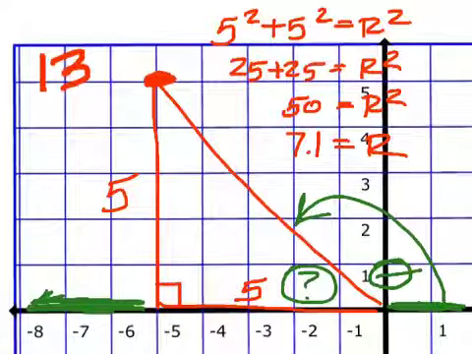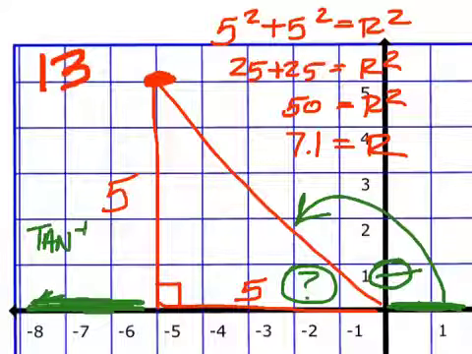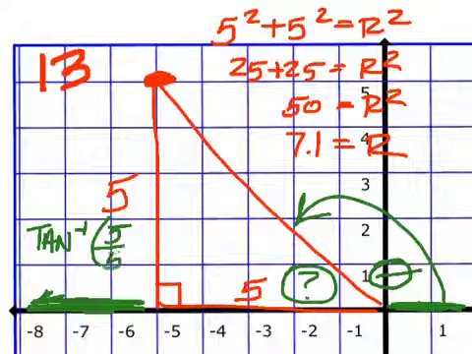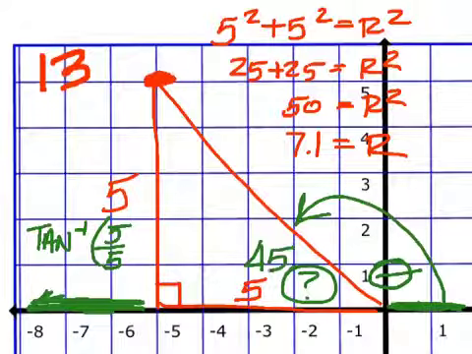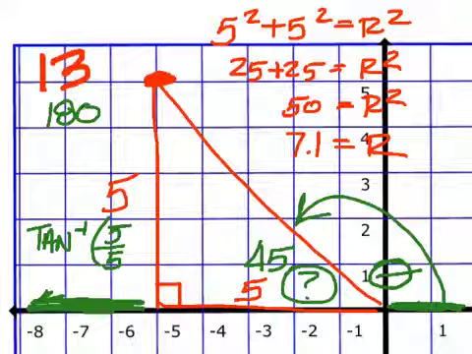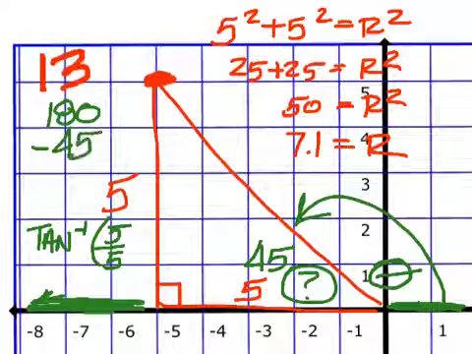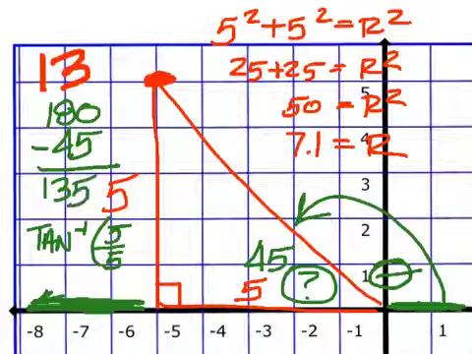Yes. So what we do to find that is inverse tangent of 5 over 5. So do inverse tangent, 5 over 5, and you come back with a value of 45. What you do from there is 180 minus 45 to come up with a value of 135.